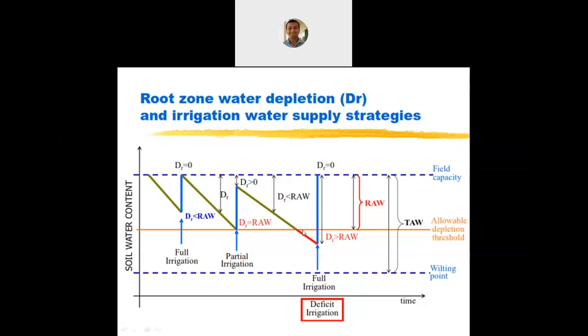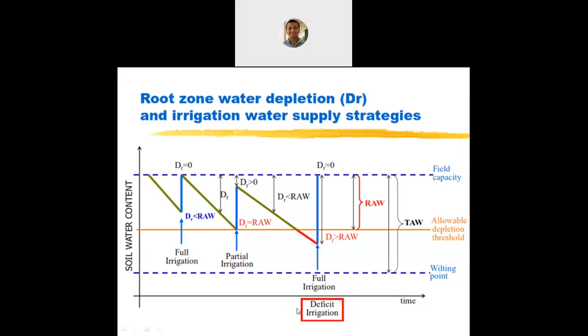So if we look at this point, had we applied irrigation here, this would have been full irrigation, but instead we are allowing the water to deplete for some more time, so that it goes beyond the allowable depletion threshold.